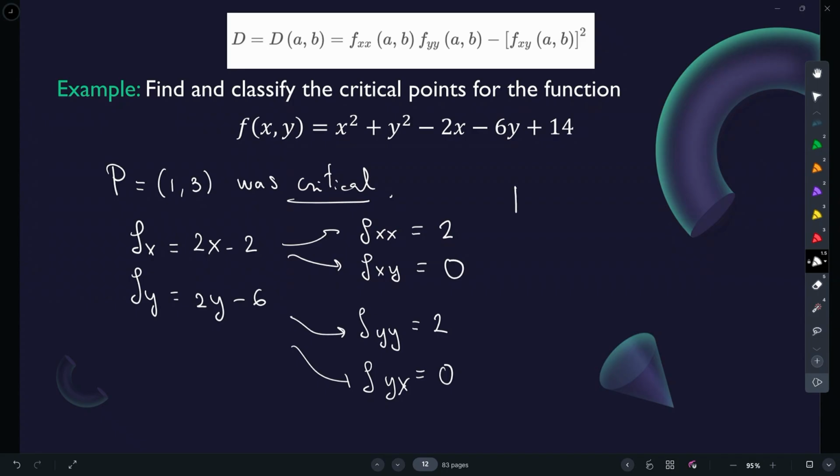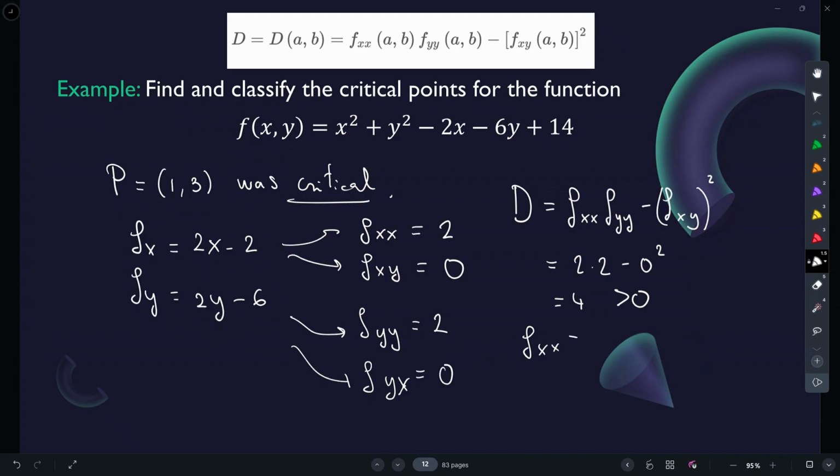So now I compute my value of d. Remember, it is second derivative, pure times pure, minus mixed squared. So that is 2 times 2 minus 0 squared. That is 4, which is positive. And the second derivative with respect to x is 2, also positive.